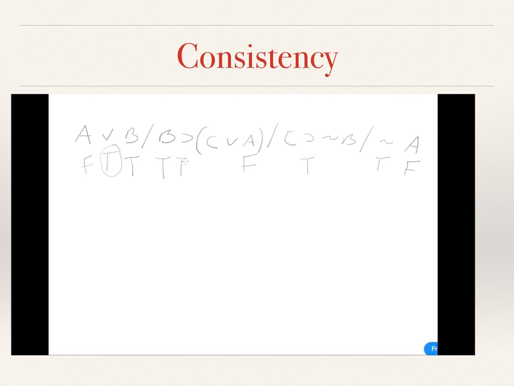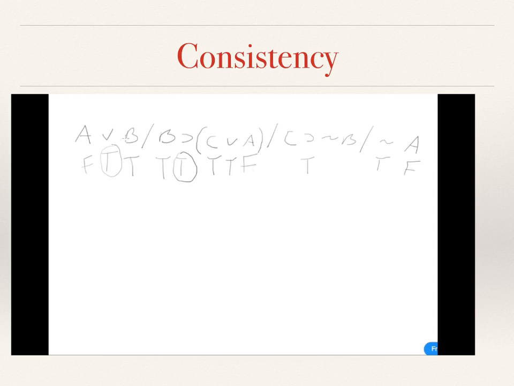And so in order for this one to be true, we have to have this not be false, right? Because true implies false would give us a false implication. So that means that C has to be true. Okay. And that would make this true, and then that would make all of this true.